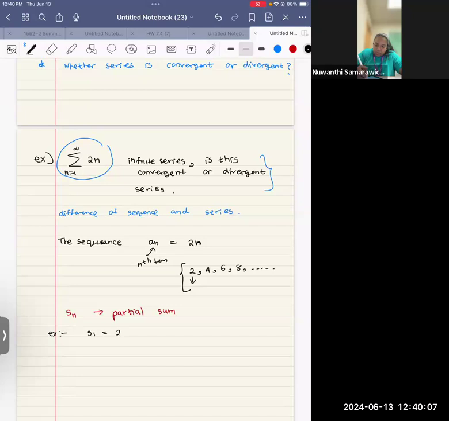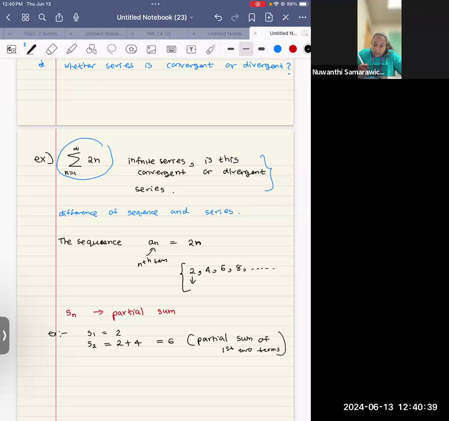That is just 2. And S sub 2 means the partial sum when n is equal to 2. This means you add the first term and the second term. That's 2 plus 4 is 6. So this is the partial sum of the first two terms.